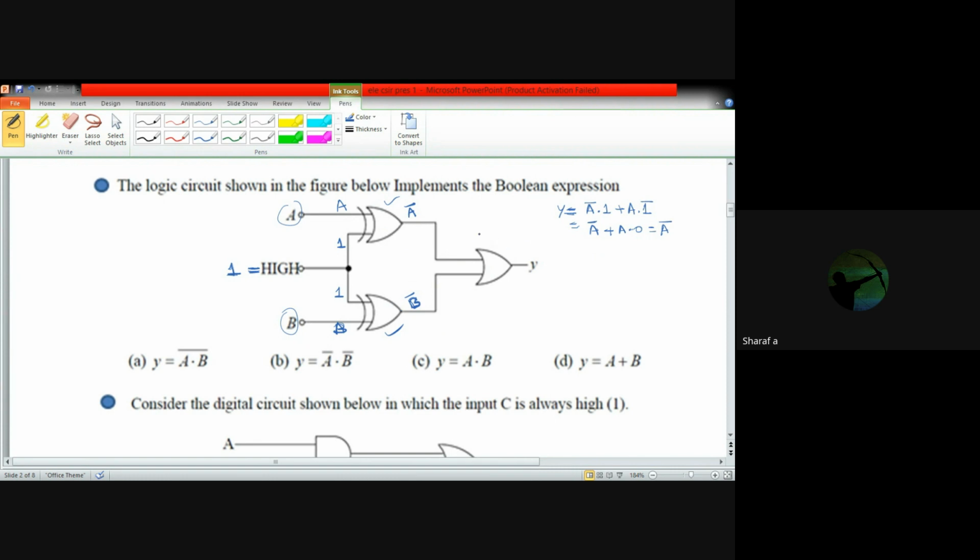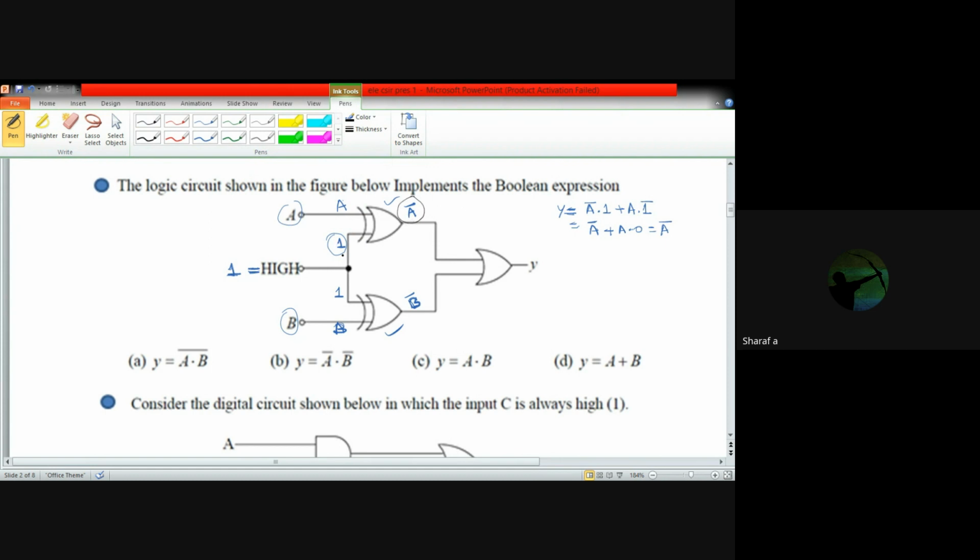One more thing you can see is that if the second input of an XOR gate is high, then the output of that XOR gate will be the complement of the other input. You can also consider it as, if one of the inputs is high, then the output of the XOR gate will be the complement of the other input. That is the result.